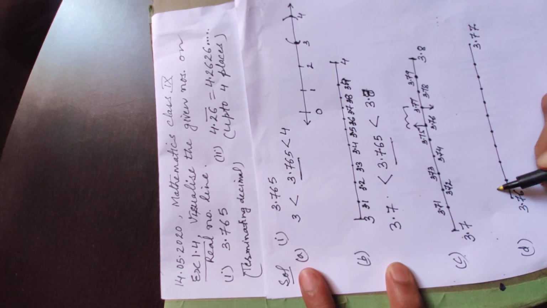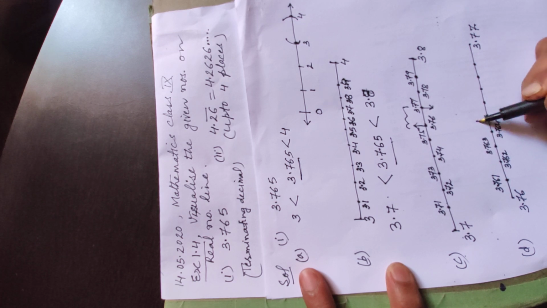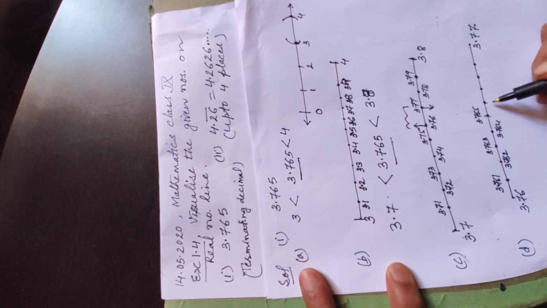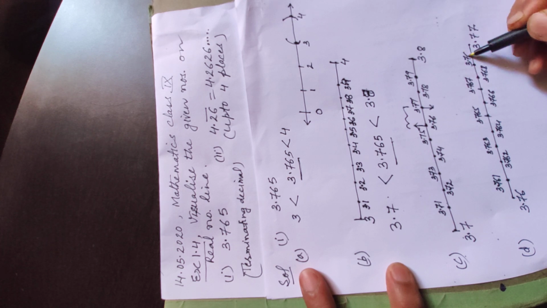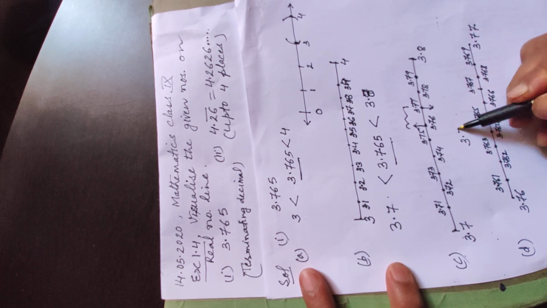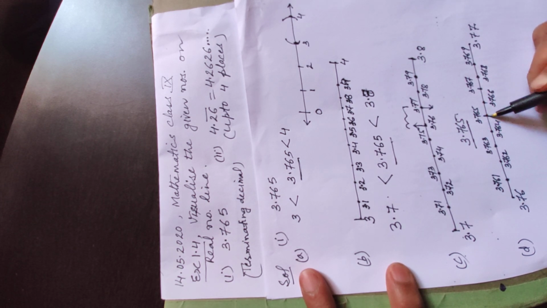So the first number would read 3.761, second 3.762, then 3.763, 3.764, this number 3.765, this number 3.766, 3.767, 3.768, and this is 3.769. Look at your number 3.765. So 3.765 is exactly this position.